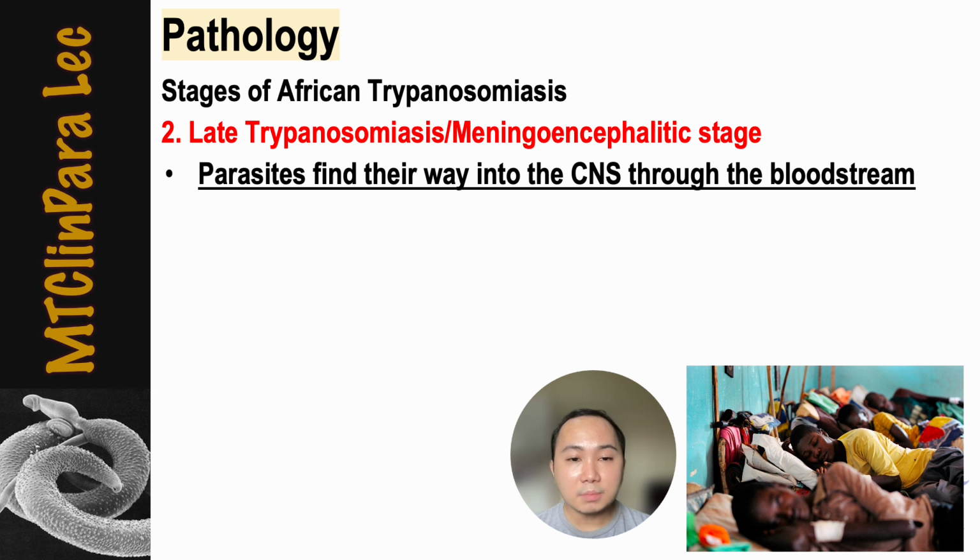As you can see, this marks the progressiveness of each parasite. Again, for Gambiense this manifests at around 3 to 10 months, while for Rhodesiense, as early as a few weeks.